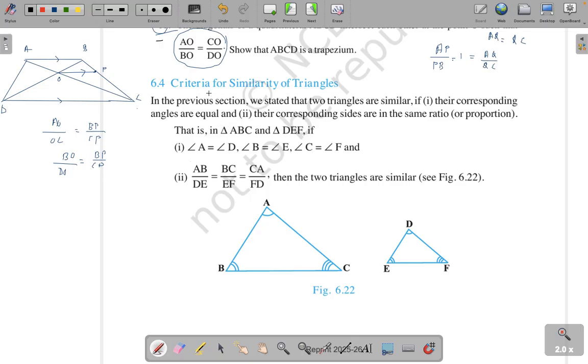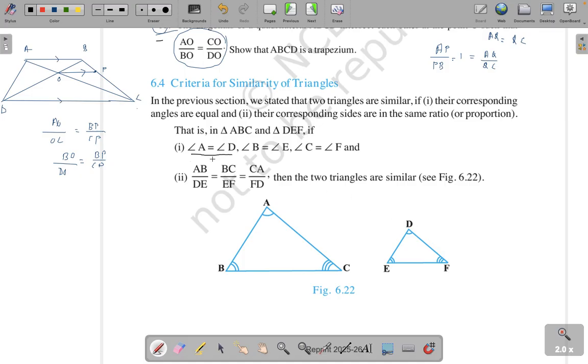Now see, criteria for similarity of triangles. So when are two triangles similar? This says if you have two triangles, the corresponding angles, for example in triangle ABC and DEF, are the same.